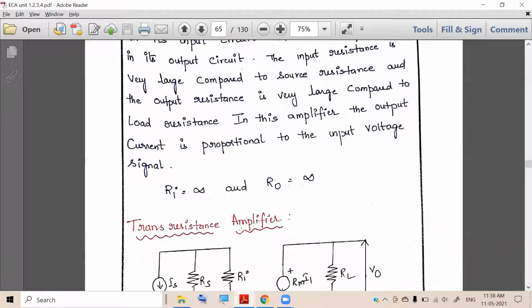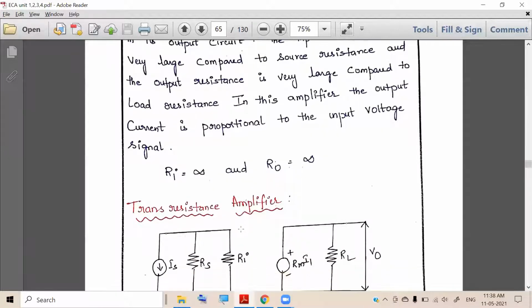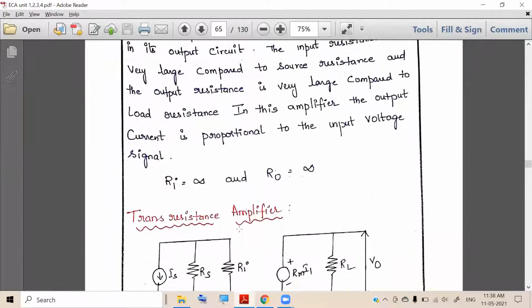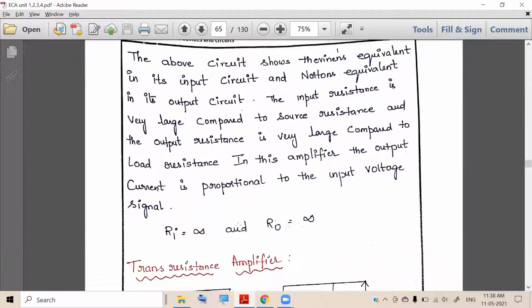Next, last one, transresistance amplifier. Can anybody tell me what will be the input and output for a transresistance amplifier? Resistance is voltage by current.